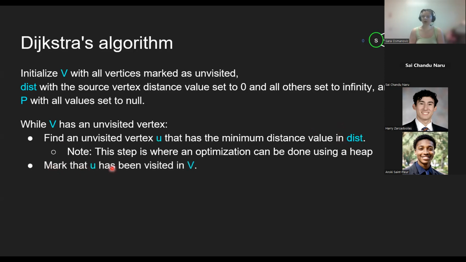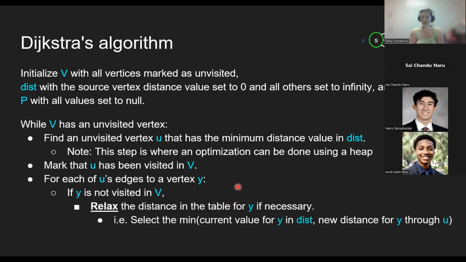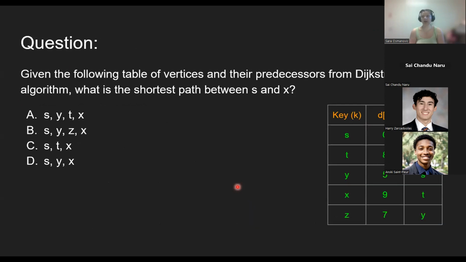Mark that U has been visited in V, and then for each of U's edges, you store the distances, you add them all up, and then you relax the table for Y if necessary. So you check if the new path from U to Y is going to be shorter than the previous path that we had from the source node to Y. And then you keep repeating that.